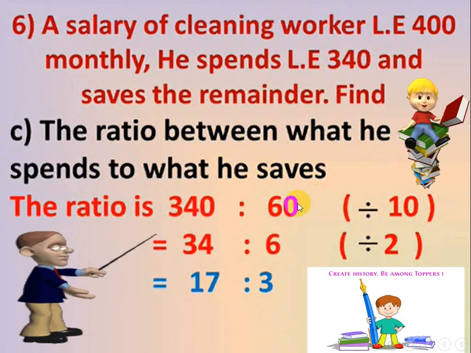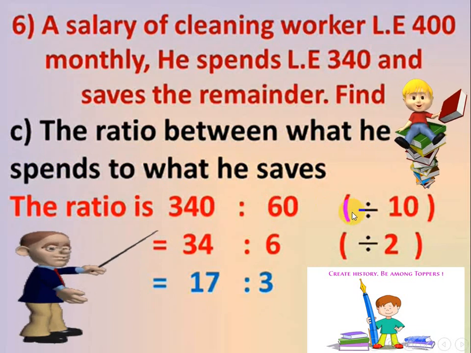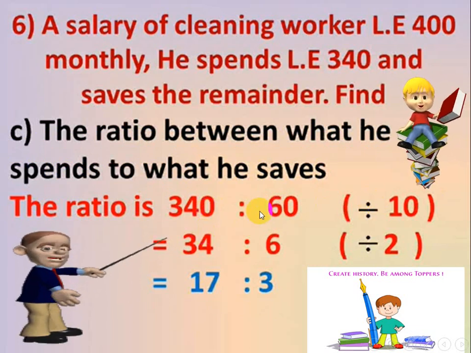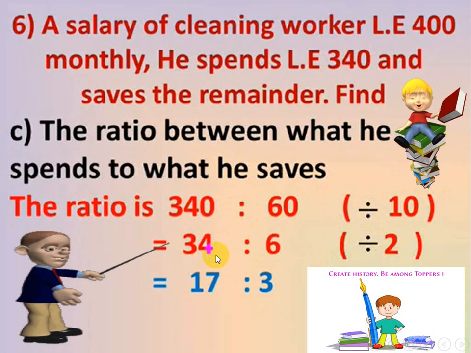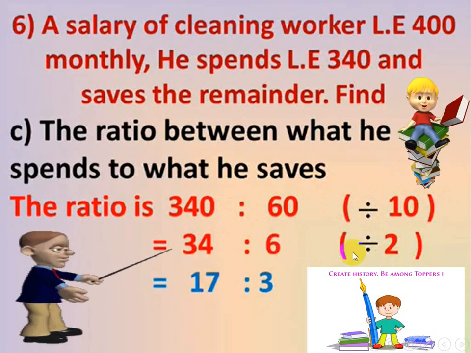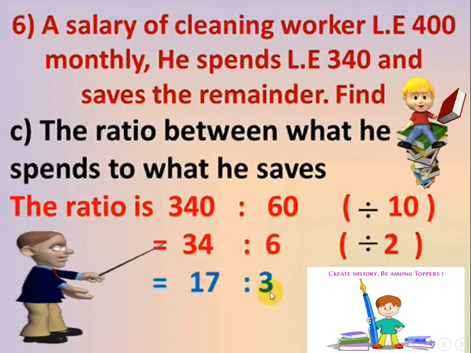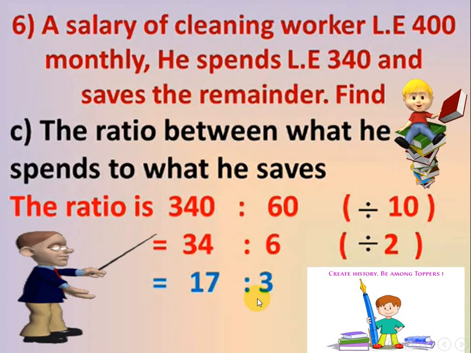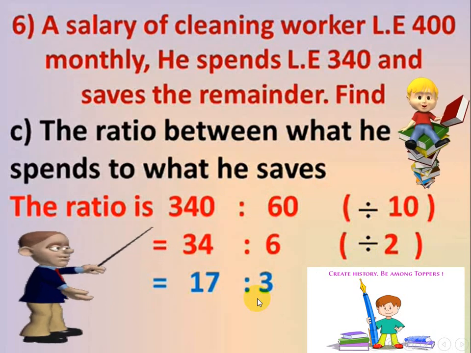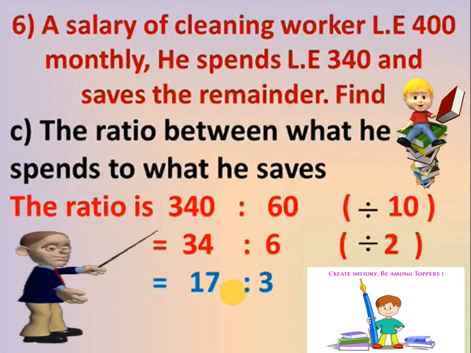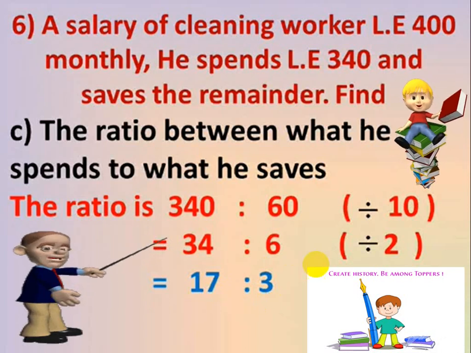He saves 60. 340 and 60 are divisible by 10. 34 to 6. 34 and 6 are even numbers, divide by 2. 34 divided by 2 equals 17, and 6 divided by 2 equals 3. 17 and 3 are prime numbers. They are only divisible by themselves, so 17 to 3 is in the simplest form.